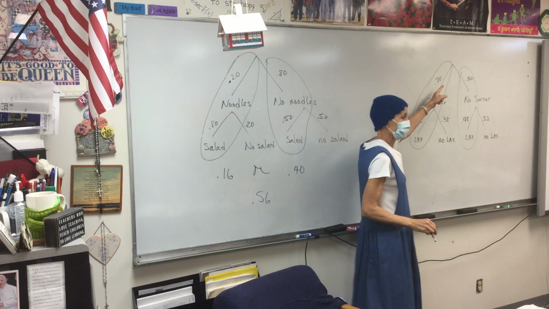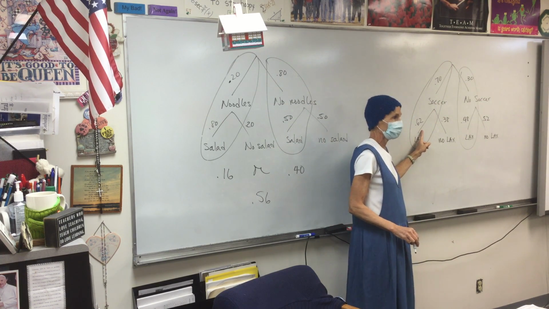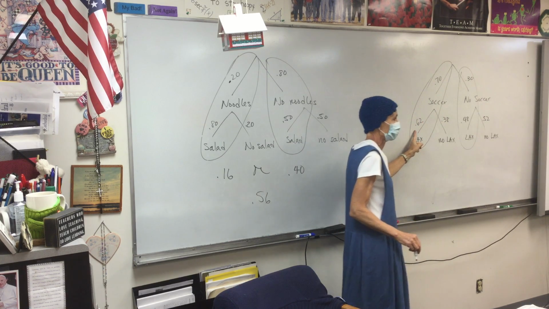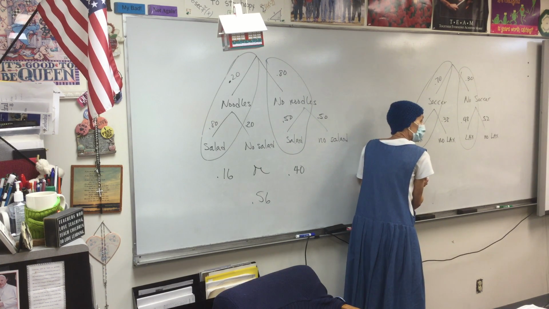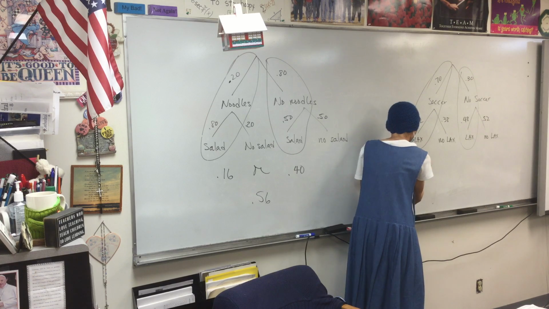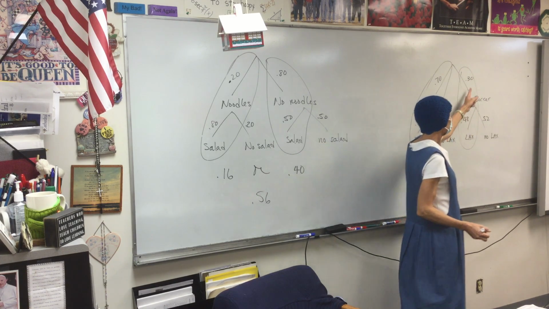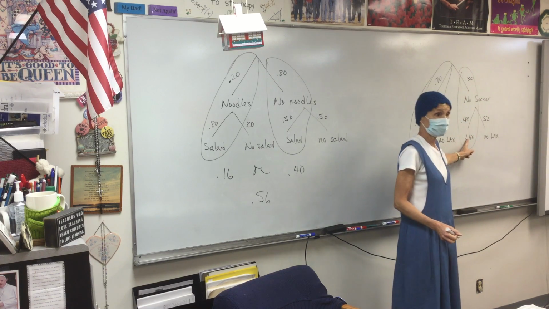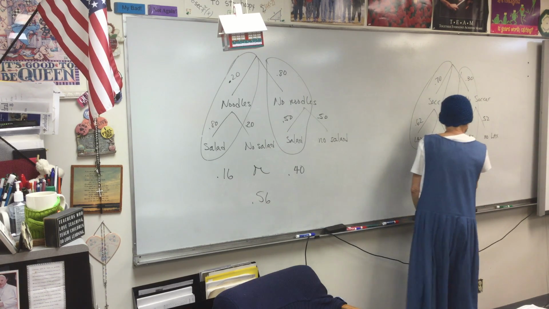Alright. So what's the probability that I play soccer and lacrosse? What am I going to do with these two numbers? And what do I get when I do that? 0.434. I could also not play soccer and play lacrosse. What's that? 0.144.